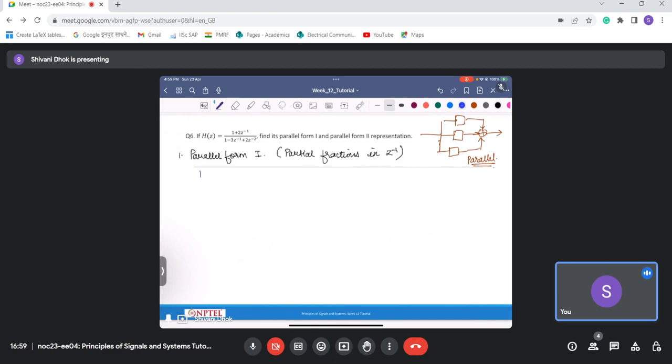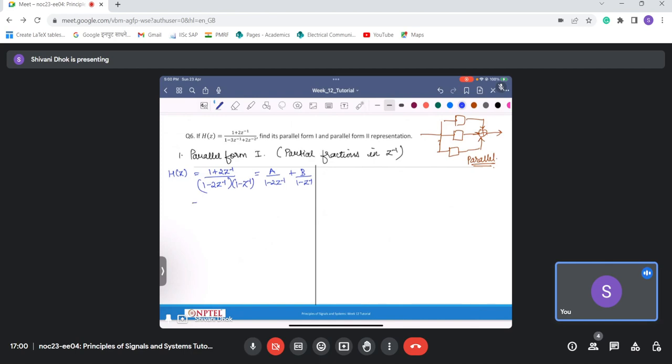So what we have is H(z) equal to 1 plus 2z inverse upon, we had seen the factorization of this, 1 minus 2z inverse into 1 minus z inverse. So this I can write as A upon 1 minus 2z inverse plus B upon 1 minus z inverse.